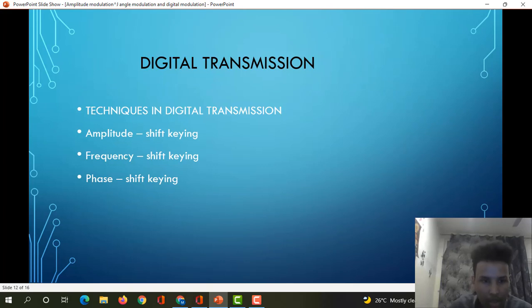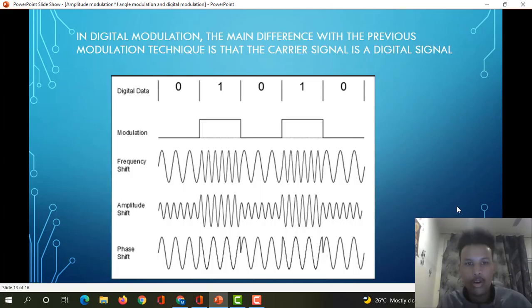In digital modulation, the main difference with the previous modulation technique is only that the carrier signal is in digital form.